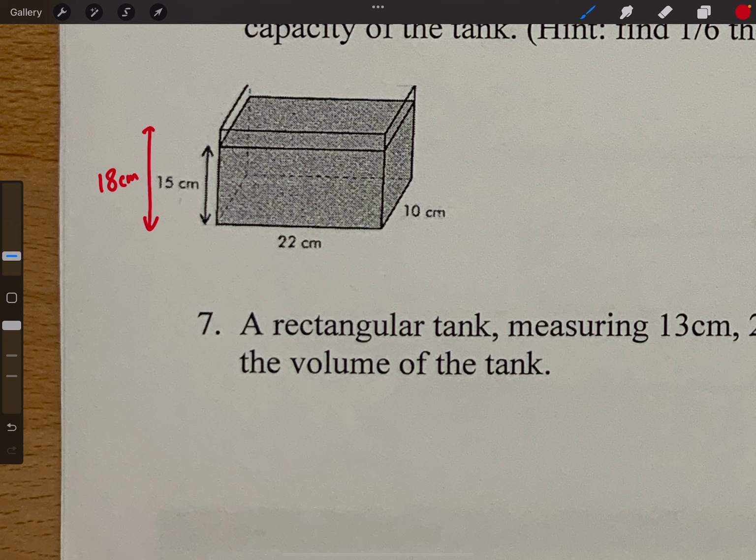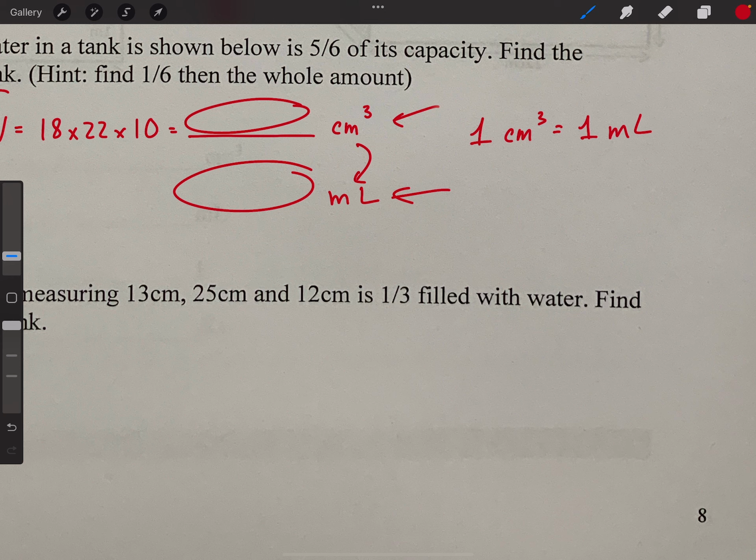And whatever number you get here is going to be exactly the same here, because 1 centimeter cube, let me rewrite that, 1 centimeter cube is equal to 1 milliliter. It's the same thing. And then once you get here, if the number is within the hundreds, just leave the answer as it is. If the number is bigger than 1,000, then change it to liters by dividing it by 1,000.